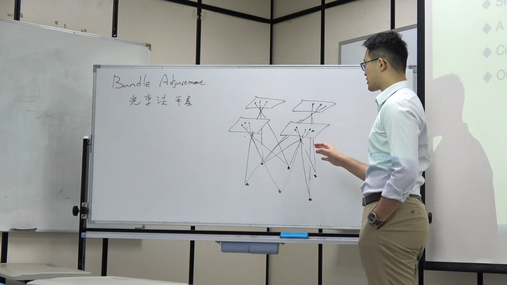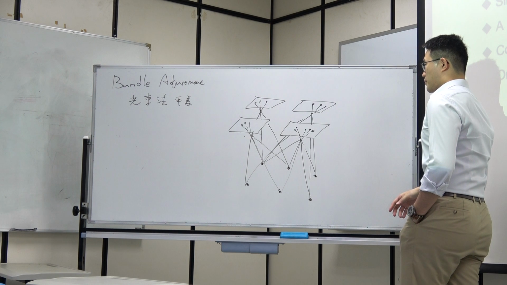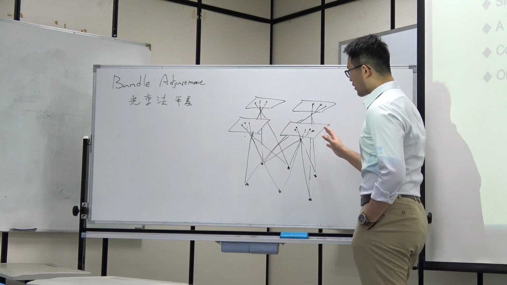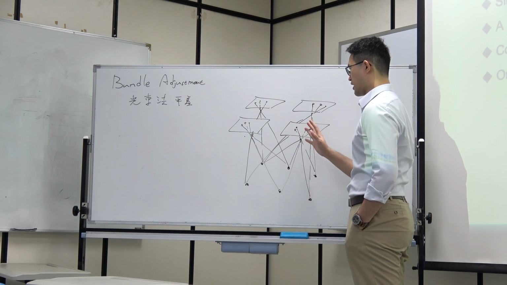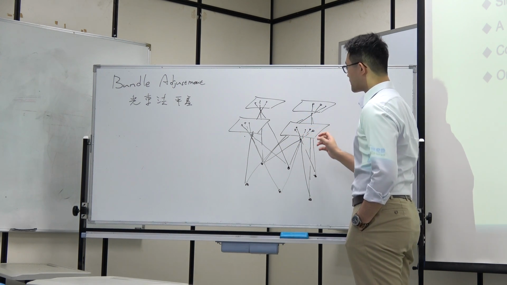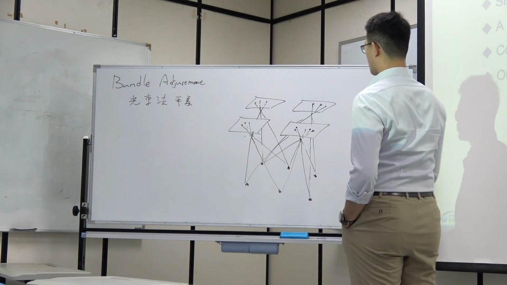So supposedly, if we know the EOP, then we can obtain that. So the problem right now is, how can we know them at the same time? So in this case, we can talk about the number of unknowns that we have.